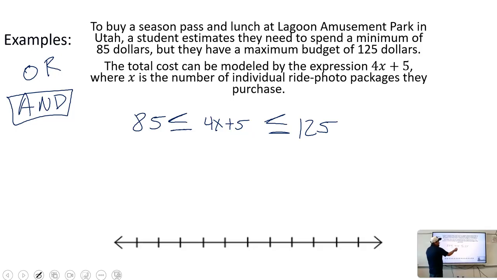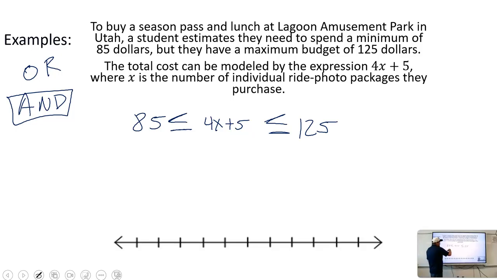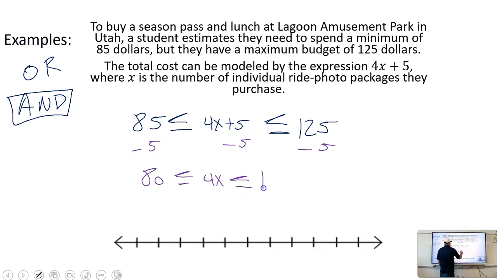And now we want to see how many pictures we can buy at Lagoon on the rides. It was $85 to get in. Let's see how many pictures we can take. So we're going to minus 5 from all three sides. And we get 80 is less than or equal to 4x, which is less than or equal to 120. Okay, divide everything by 4.